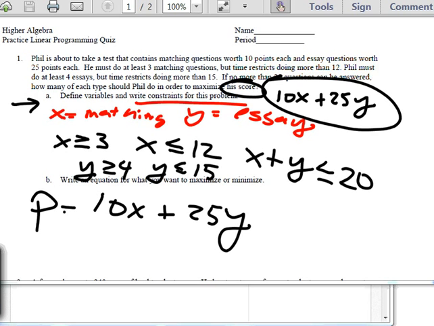I can put it as P for points, or S for score, whatever. Score has to be equal to 10x plus 25y. Are there any equations that the key picked up that I didn't? Did I miss any? Okay, good. There's the beginning.